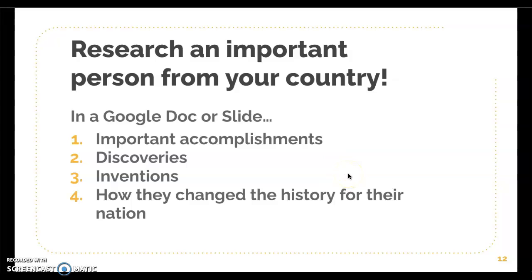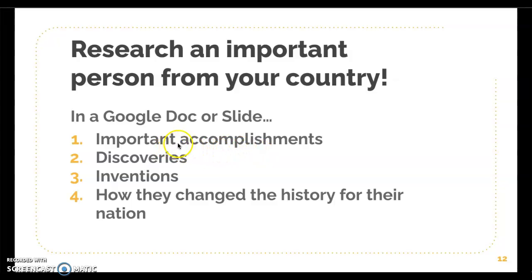The first and foremost thing is you have to find an influential person. Maybe you already know of somebody from your country, or maybe you know of a famous person and you want to learn more about them, so you might choose that country based on them. Then you need to do a Google search: what are some important accomplishments your person has done?